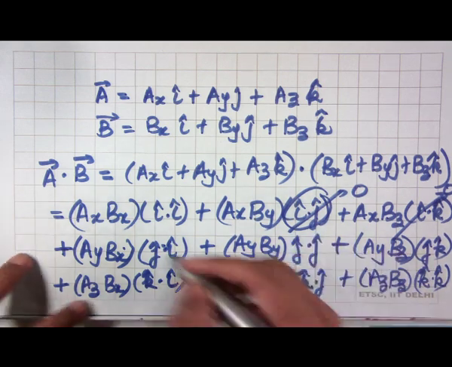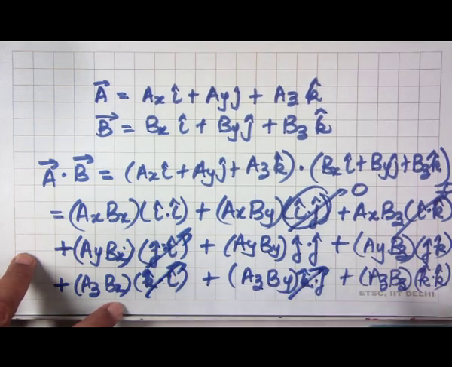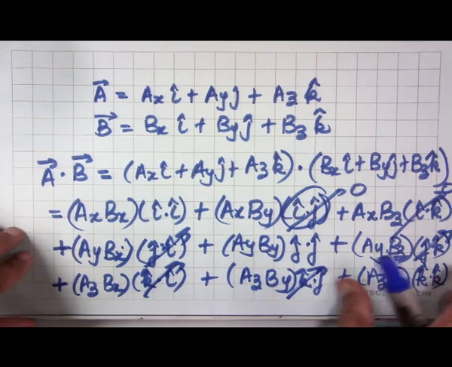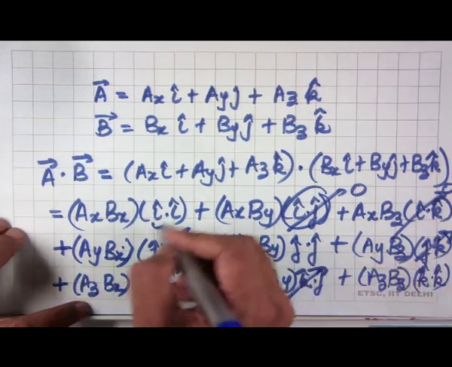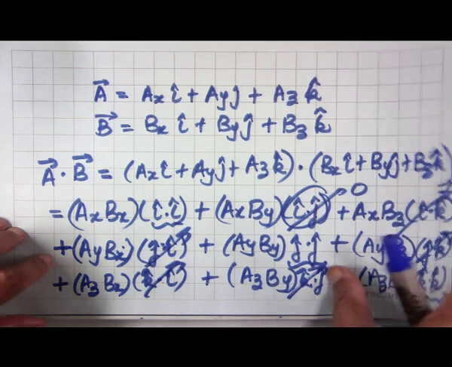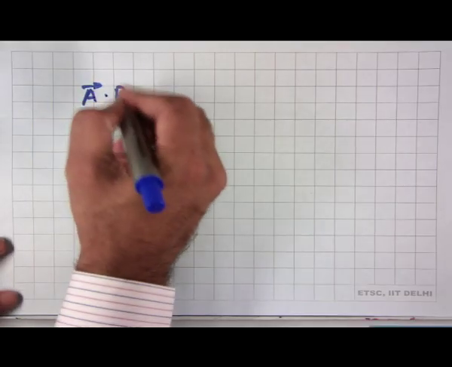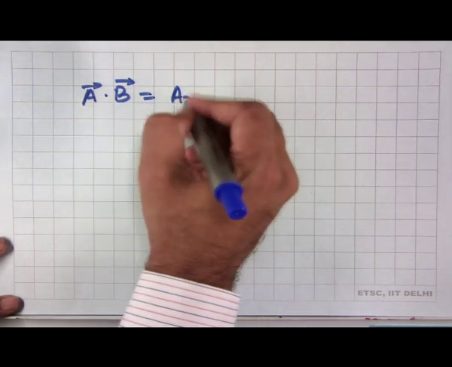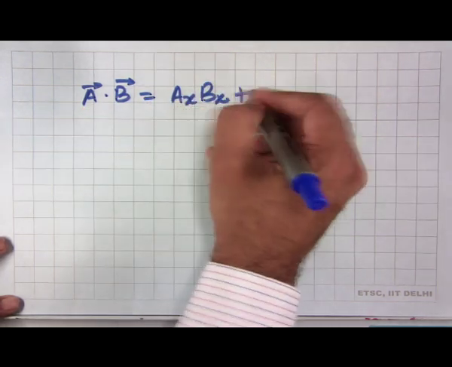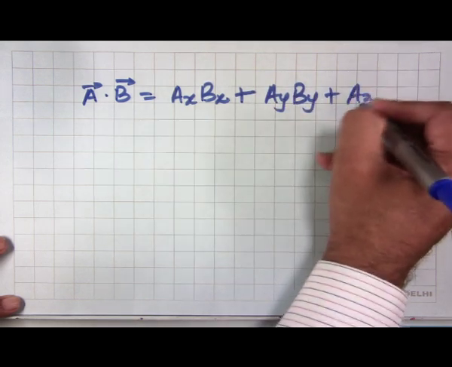Continuing, j dotted with i, k dot i, k dot j, and j dot k will be 0, and each of i dot i, j dot j and k dot k will be 1. So finally, what we get is A dot B, in terms of components, equal to AX BX plus AY BY plus AZ BZ.